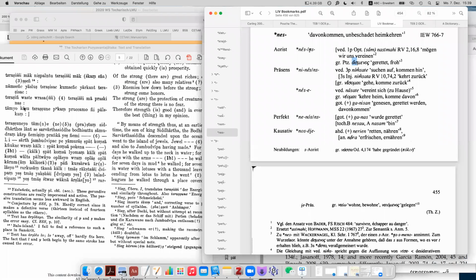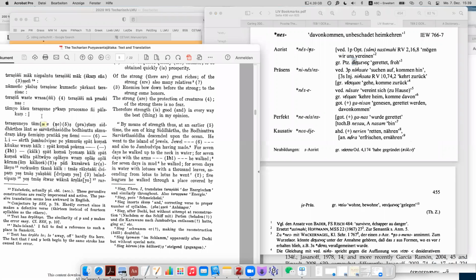Okay, and I think we can still read one more sentence, and then we can make a stop. So: termio kasu trashune pukam pruchamo nie perskam. Termio means therefore; it actually comes from the demonstrative pronoun ter with the instrumental singular suffix.